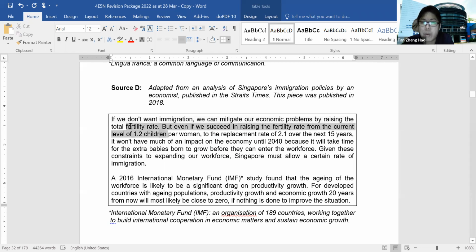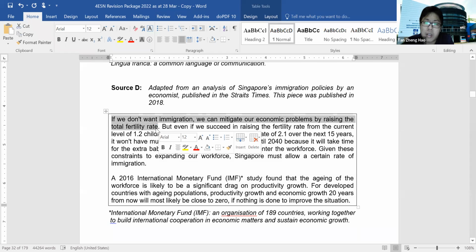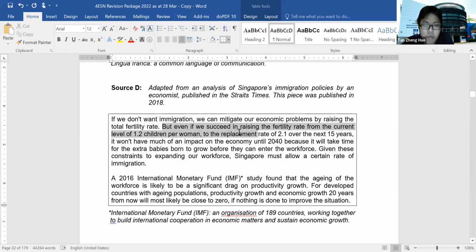At this point, I'm starting to guess maybe they think immigration is beneficial because it helps replace our low fertility rate. But let's read on. Even if we succeed in raising the fertility rate from the current level of 1.2 children per woman to the replacement ratio of 2.1 over the next 15 years, it won't have much of an impact on the economy until 2040, because it will take time for the extra babies born to grow before they can enter the workforce.